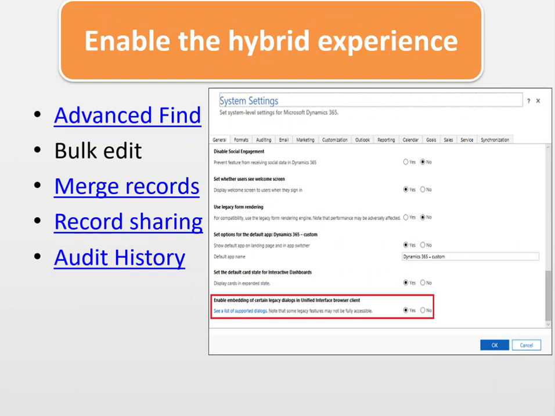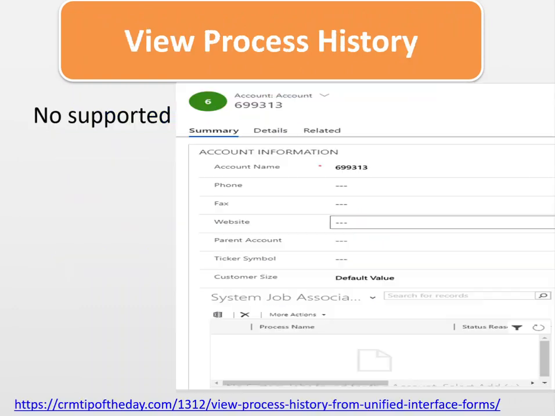We have something called hyper experience because not all the features have been migrated, so we sometimes need to use the hyper experience. For example, all of us like the advanced find, bulk edit is a great feature, merge record, audit history, and so on.